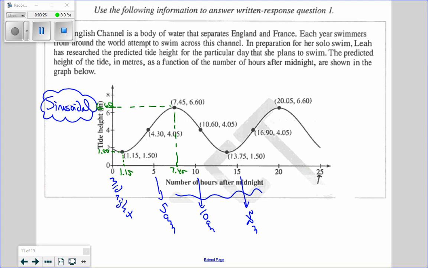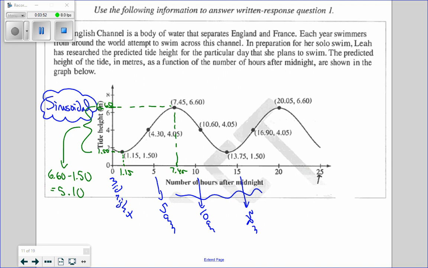Okay. And again, you can just go through and match them up. Okay. Now, amplitude. So total distance. How far is it from 6.6 to 1.5? Okay. So if we go 6.6 minus 1.5, we get 5.1.